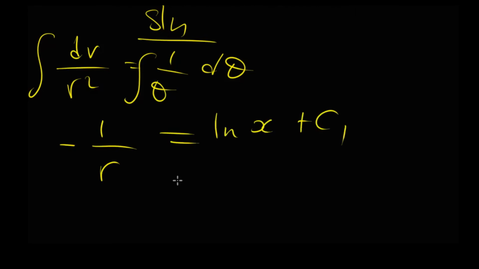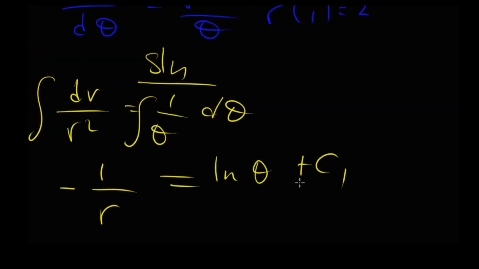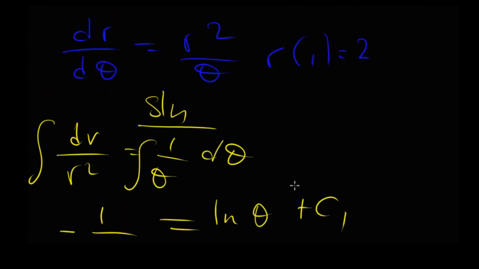So now with this ln theta. Sorry, yes, you're right. Now you can introduce the conditions and find what c1 is. Let me just do it with a calculator so that we don't waste time simplifying.